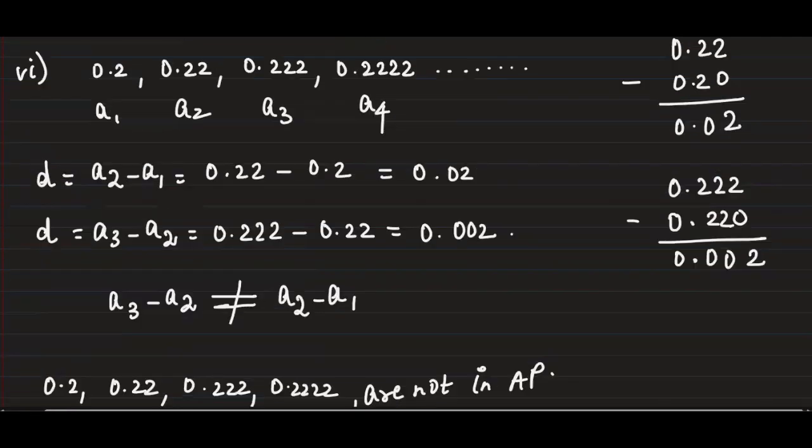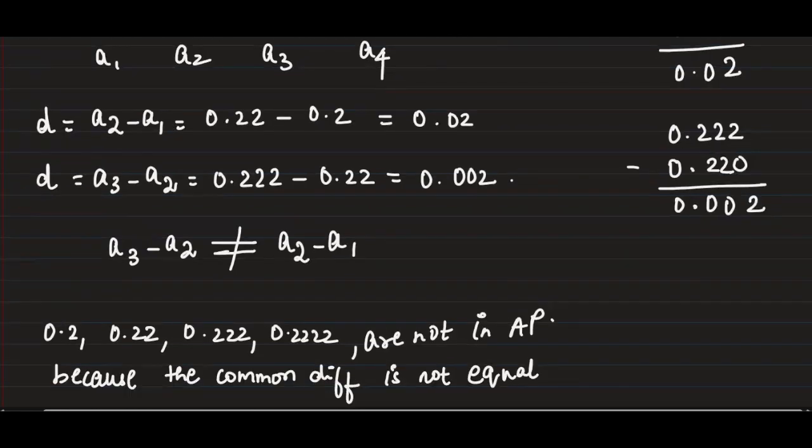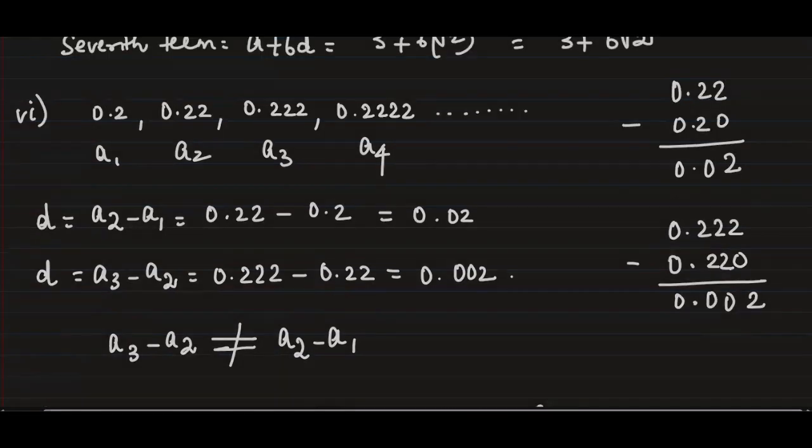So this is the answer we should give, because the D value is not the same. So this will not form an AP. Fine, clear. So the sixth question is done.